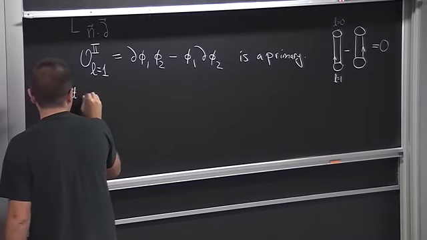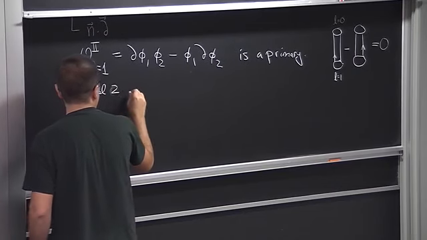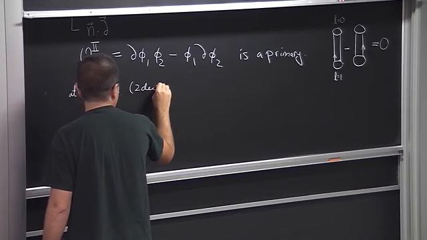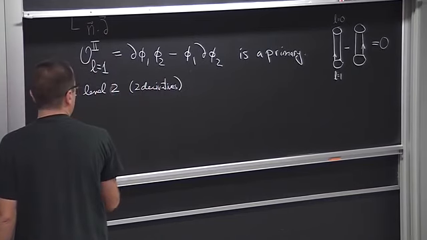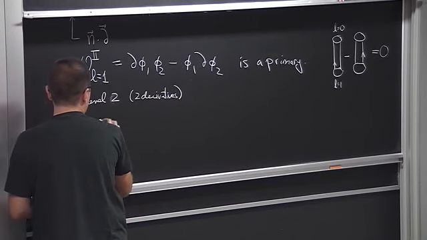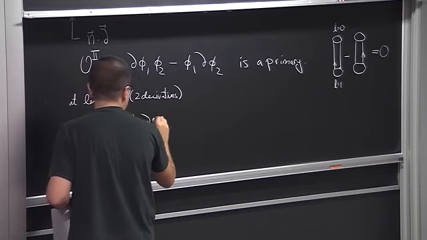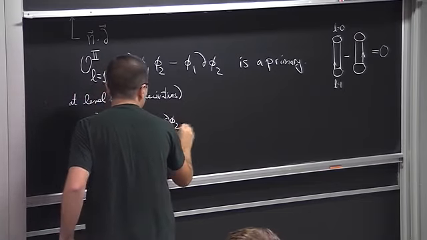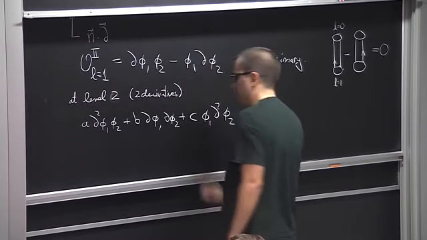So at level 2, what do we have? We have two derivatives now. You have A times two derivatives of phi1 times phi2, plus B d phi1 d phi2, plus C phi1 d squared phi2.